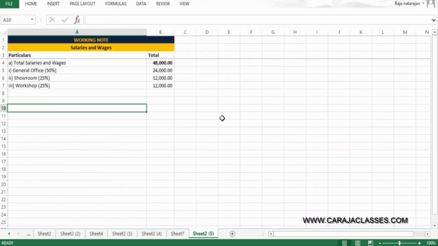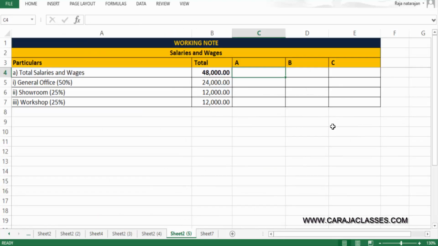So I'm going to have a table like this. I'm going to allocate these expenses between three departments based on the understanding we have now. The first one is general office, the second is showroom, the third is workshop.